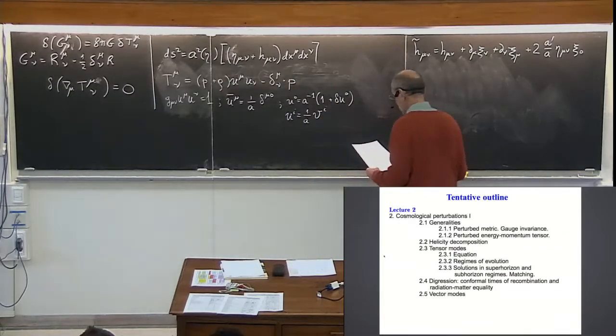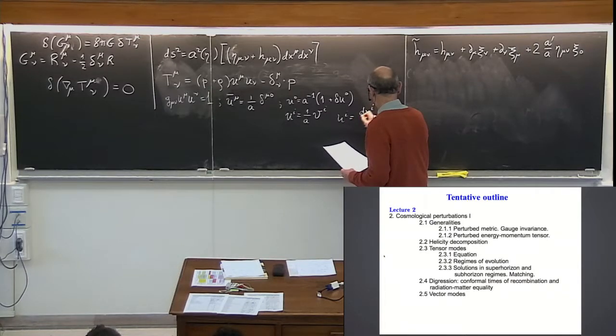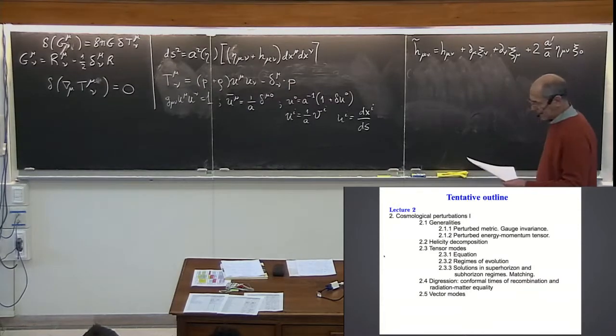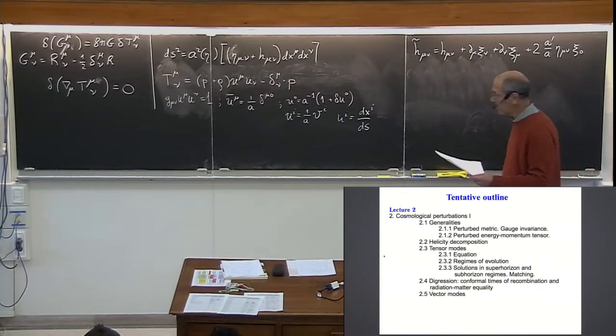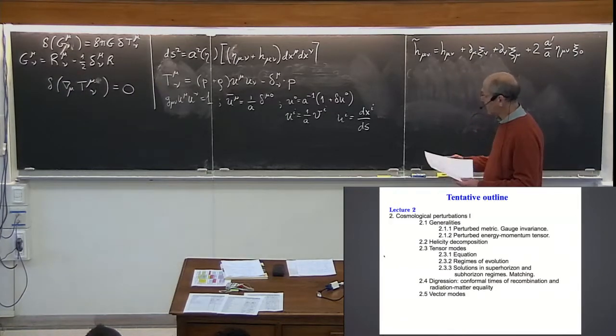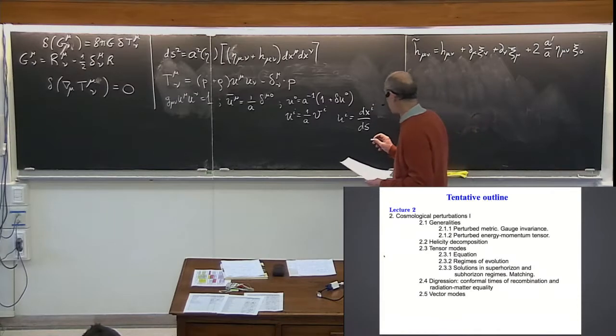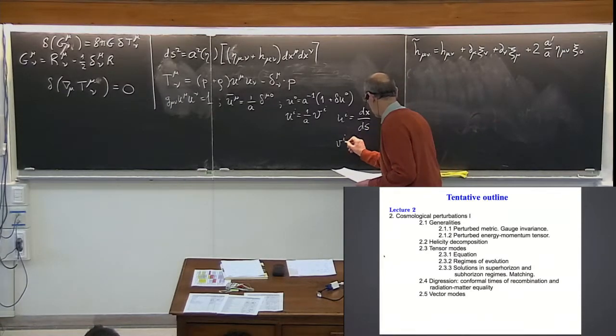That's because ui is dxi over ds by definition, where s is the interval along the world line of a particle or fluid element, and physical velocity is just a times dxi divided by ds, right?